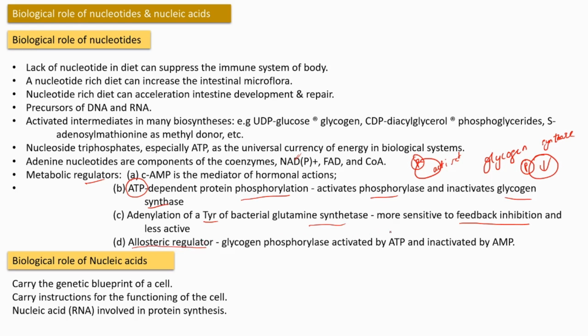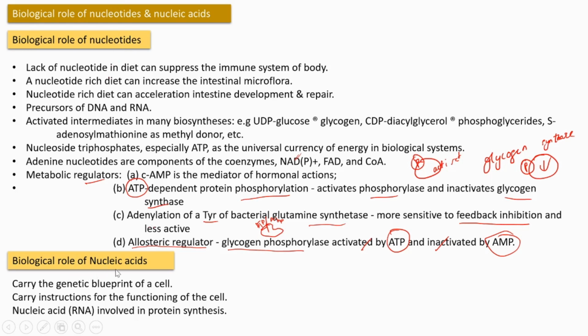Allosteric regulator means, in the form of ATP and AMP, because glycogen phosphorylase is another enzyme. It has two sites; an allosteric site is not the site for binding with the substrate. To this site, either ATP or AMP binds and activates or inactivates this enzyme. That is an allosteric regulator. These are the biological roles of nucleotides.